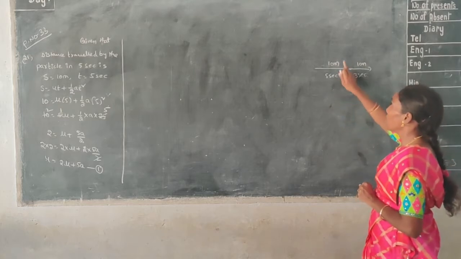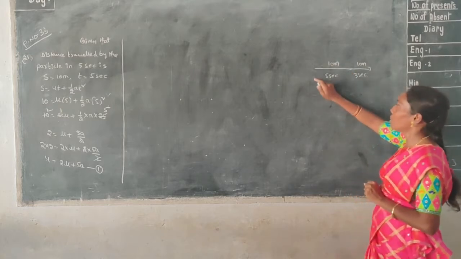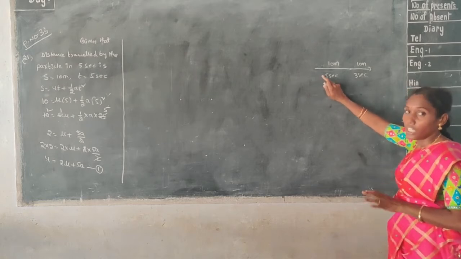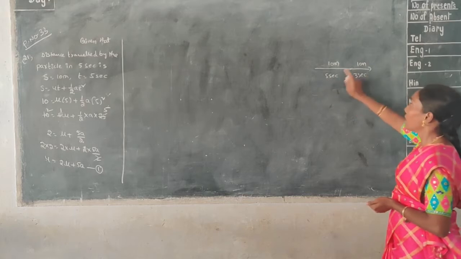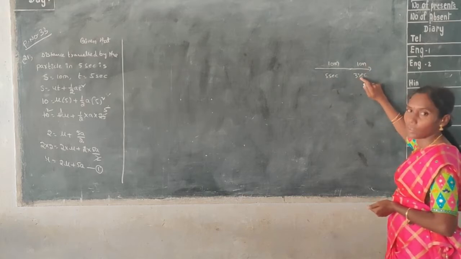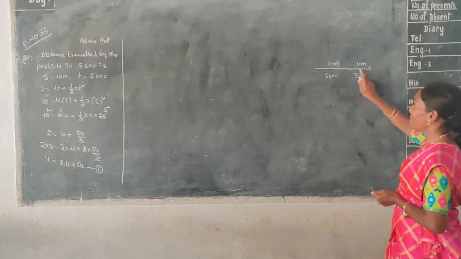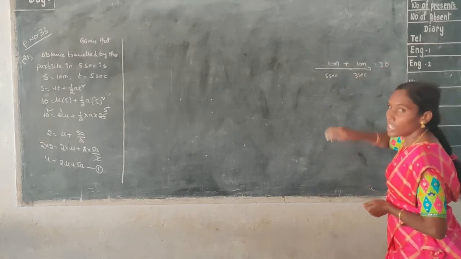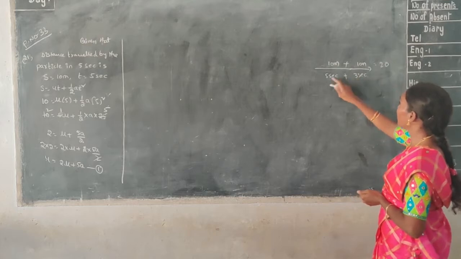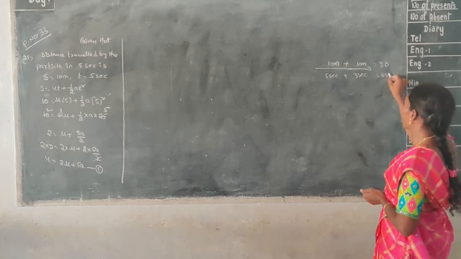Listen carefully. The first 10 meters is travelled in 5 seconds, and the next 10 meters in 3 seconds. The total distance travelled by the particle is 10 plus 10, which is 20 meters, and the total time taken is 5 plus 3, which is 8 seconds.